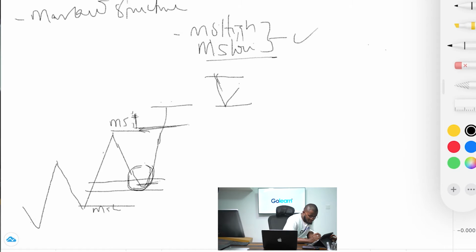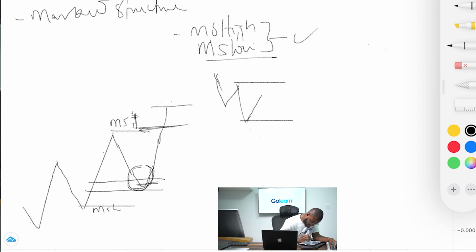If the market breaks the market structure low, it is a downtrend, isn't it? So once it does that, the market structure low is now invalidated. So we need to change them. The new one will be up here. So wait for this guy to come up a bit. There will now be a new market structure low, down there.